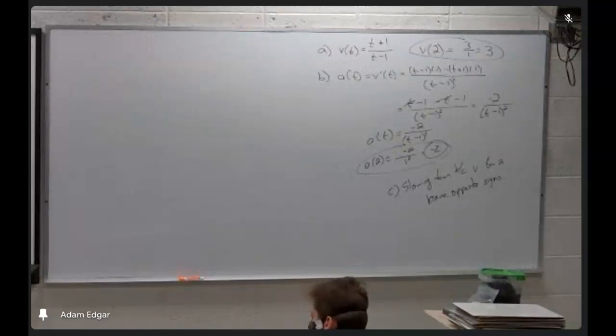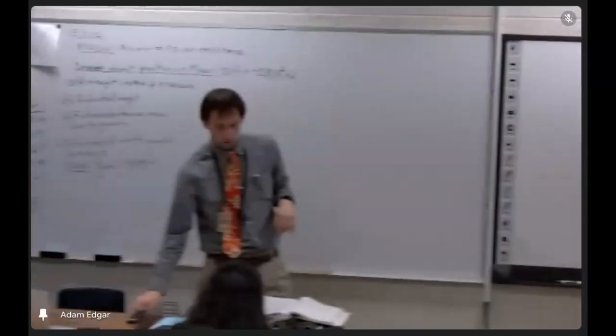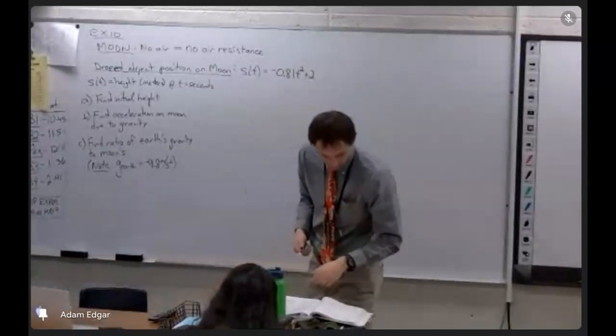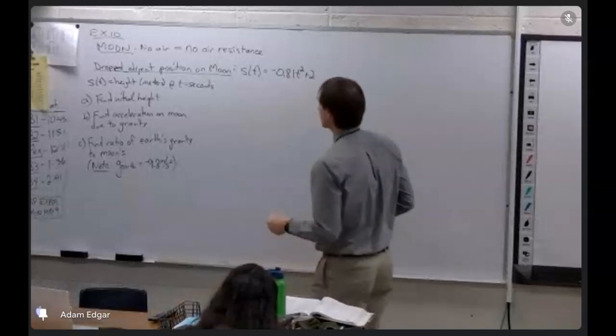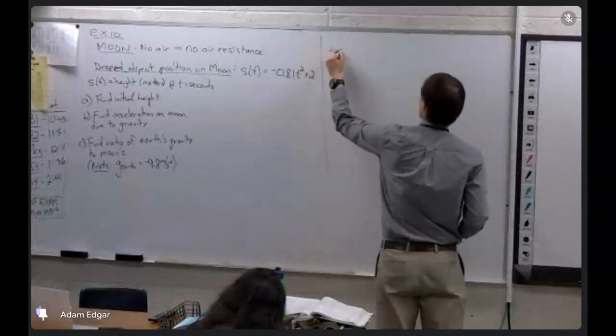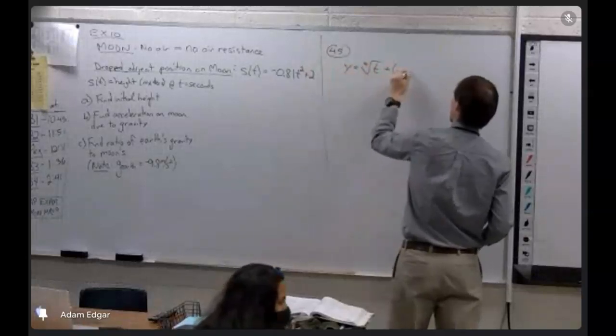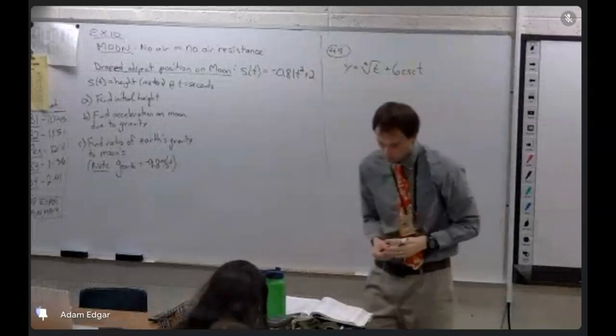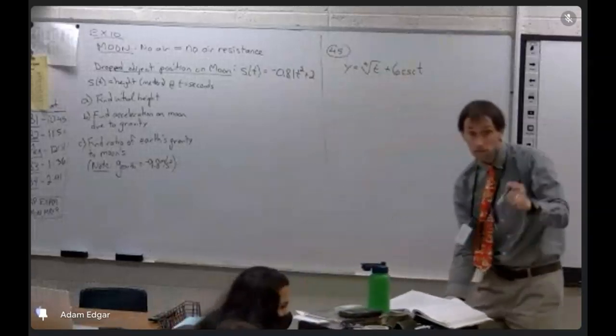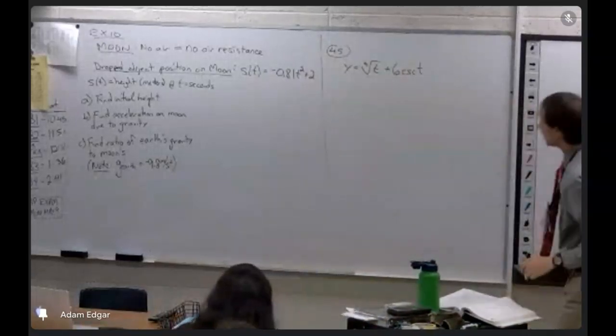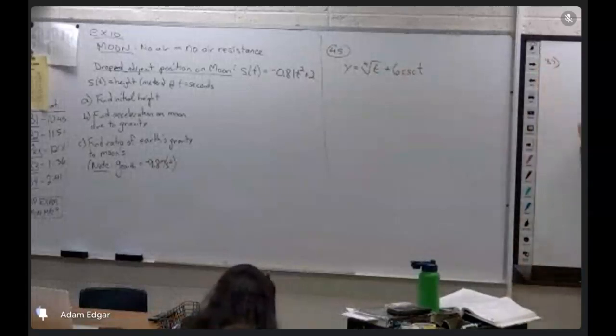Get out your homework from last night. Number 45, we have 4th root of t plus 6 cosecant t. All right, what else? 37. I got x squared minus c squared over x squared plus c squared.